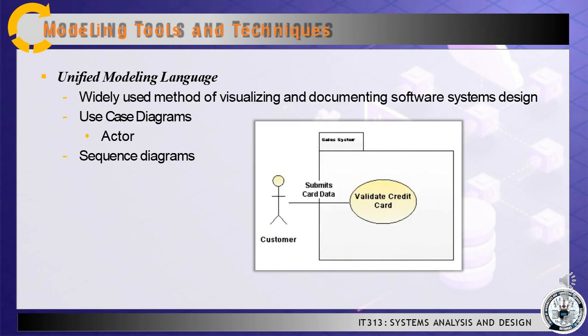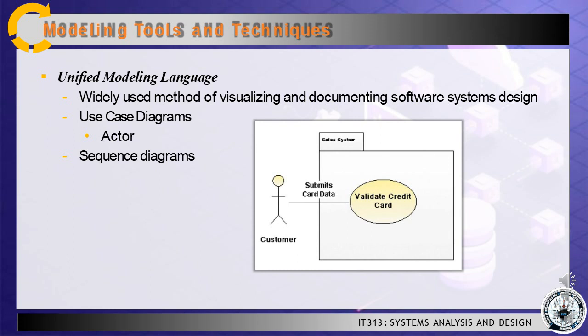The Unified Modeling Language or UML is a widely used method of visualizing and documenting software systems design. UML uses object-oriented design concepts, but it is independent of any specific programming language and can be used to describe business processes and requirements generally.